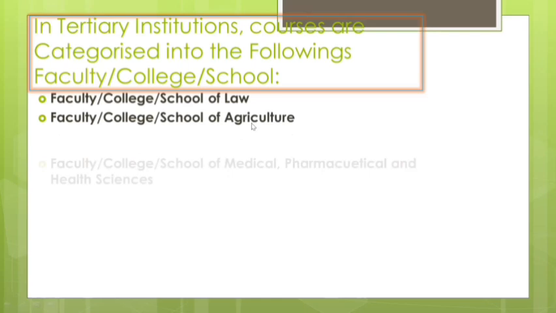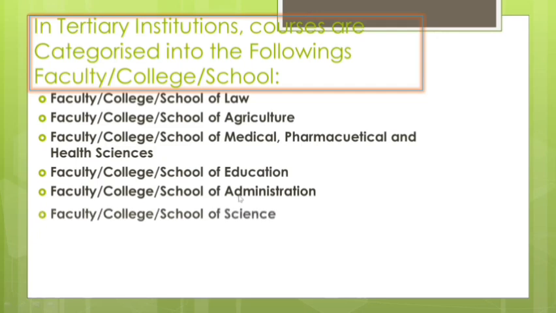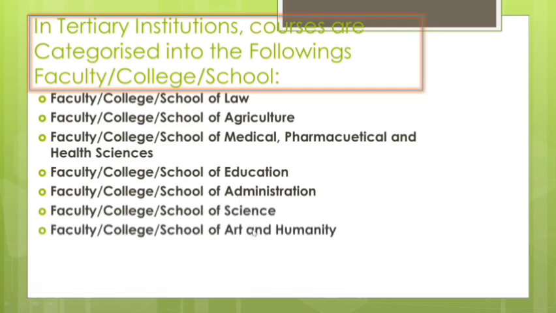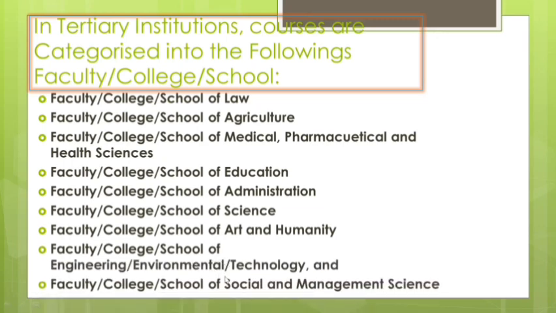We have that of agriculture. We have medical, pharmaceutical, and health sciences. We have education. We have administration. We have science, arts, or humanity. We have engineering, environmental technology, and we have social and management sciences.